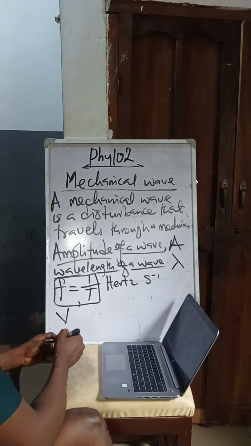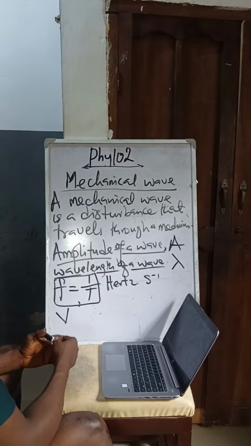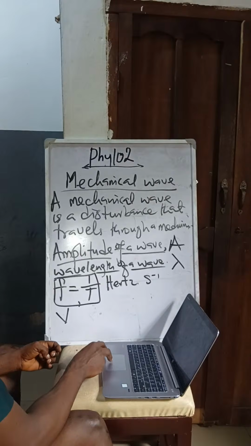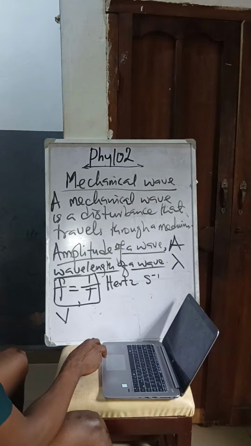Wave velocity or wave speed is the distance traveled by the wave per unit time.